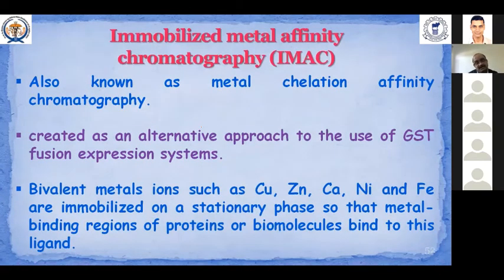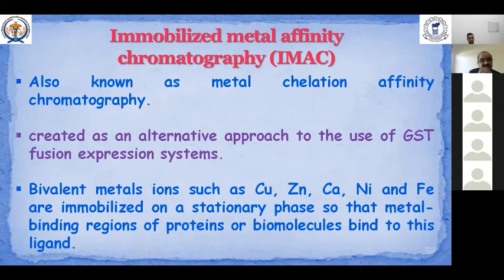Another type of this chromatography is immobilized metal affinity chromatography, also known as metal chelation affinity chromatography. This is actually derived from affinity chromatography, and it was created as an alternative approach to the use of the GST fusion expression system.